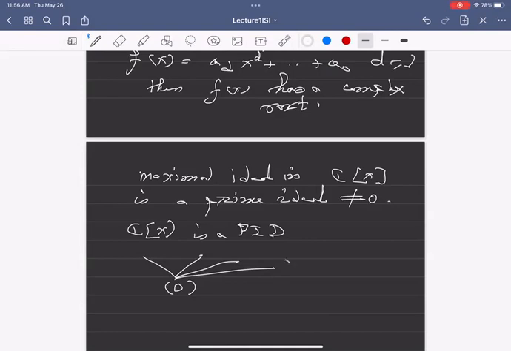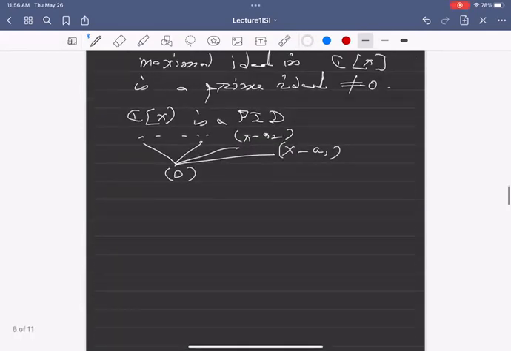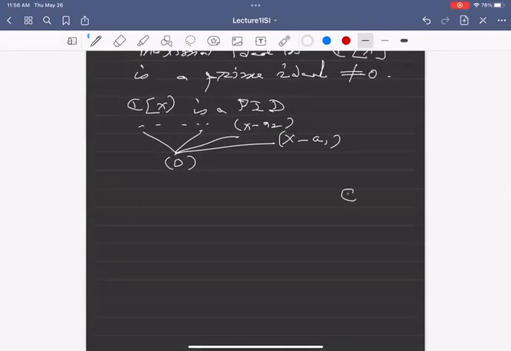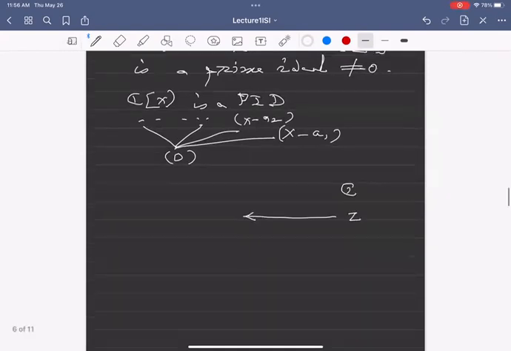Yeah. So therefore, the maximal ideals look like this: (x minus a_1) for some complex number a_1, (x minus a_2) for another complex number a_2, etc. So if I look at C and take a complex number z, then to z I associate this linear polynomial x minus z and take this principal ideal.